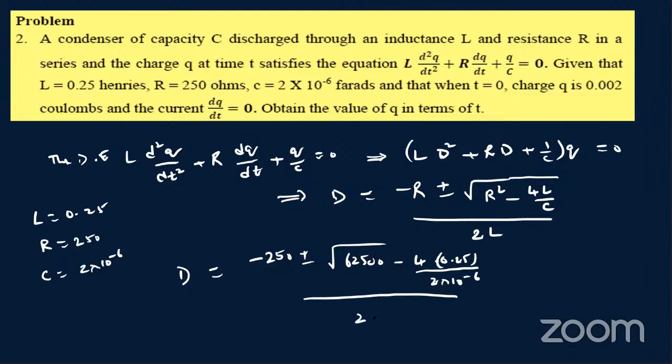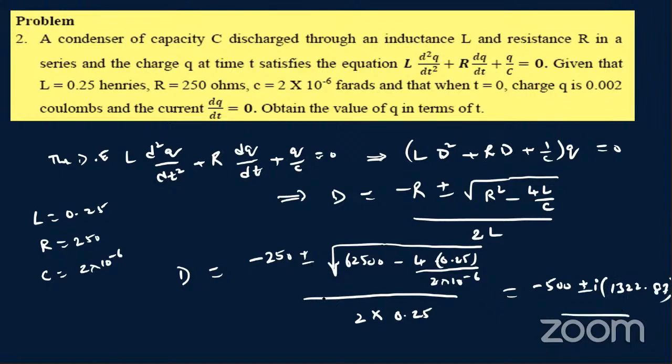2 into 0.25. Altogether, if you simplify this, you will be getting minus 500 plus or minus i into 1322.87. I'm not going through the simplification, just giving you the answer. One can see on your own. You can verify yourself.